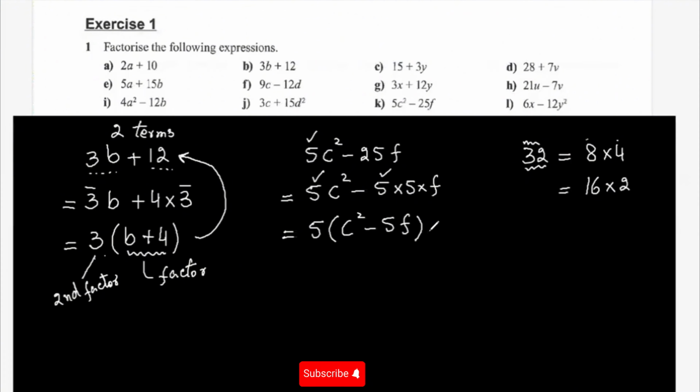So this is actually a single term with two factors: 5, and combinedly c square minus 5f is also a factor. So this is the method of factorization. We will factorize these questions in this way.